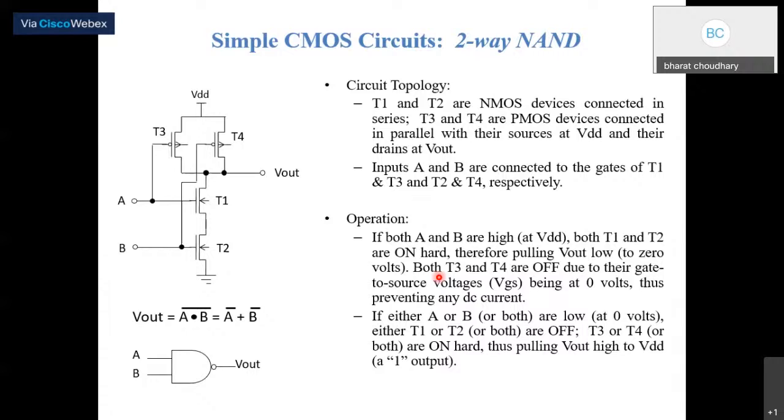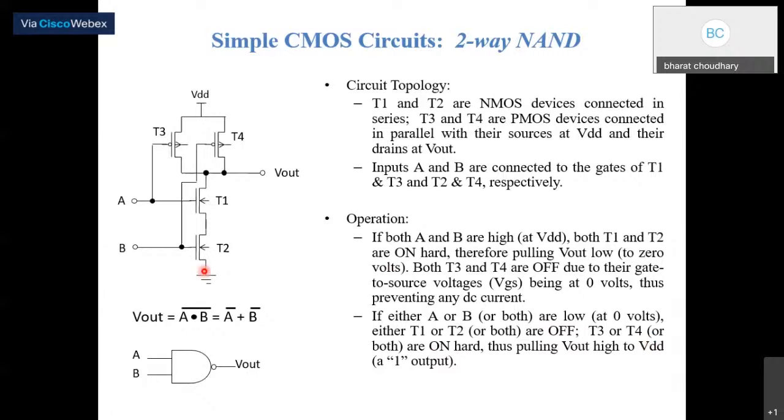Then T3 and T4 are off due to their gate to source voltage. Now if either A or B is low, meaning at 0 volts, then transistor 1 or transistor 2 is off, and that means T3 or T4 is on. Thus the output will be pulled to the power supply, meaning V out will be high.